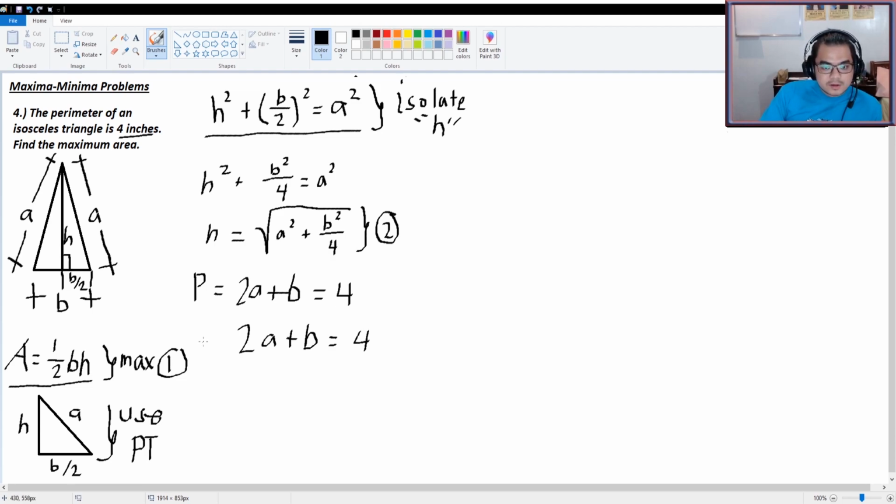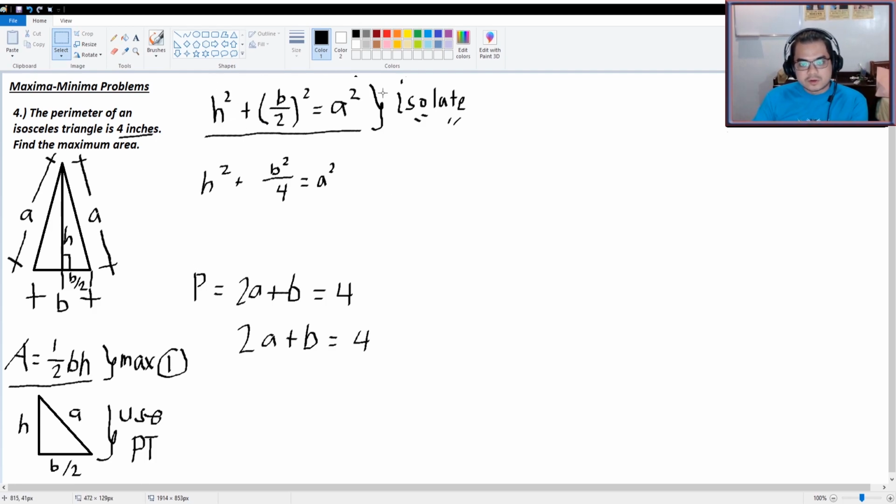Okay. Now, I think it's better if we will isolate A. So isolate A. So if I will isolate A here, I will have A in terms of H and B. Okay.